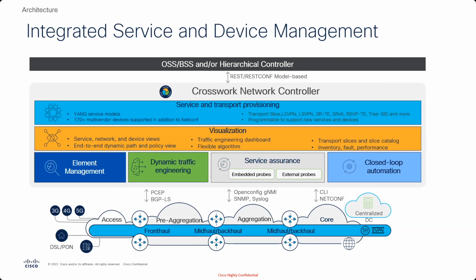And then you can see at the bottom, we have other elements like element management function, very important. So we are now adding the capability to a controller that traditionally does not have it, but we understand our customers that rely on a controller. They definitely need an inventory tool. They need a tool that is able to visualize the devices and the inventory, where the pluggables are inserted in a given device.